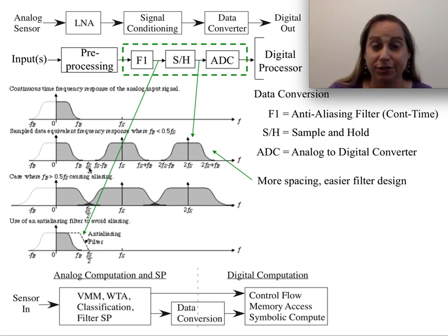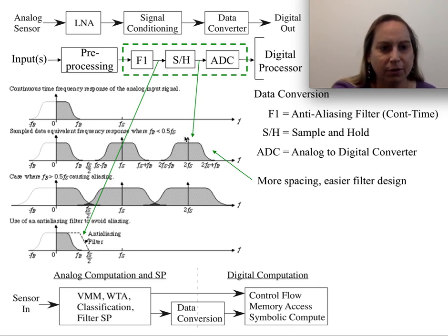The tighter the transition region, the more expensive, the higher the order, the higher the Q of that filter. This is why practically you usually want to back off a bit. Although Nyquist says go twice the frequency and you're fine, in reality you give yourself more room than that to make reasonable anti-aliasing filters. So that has to be there.